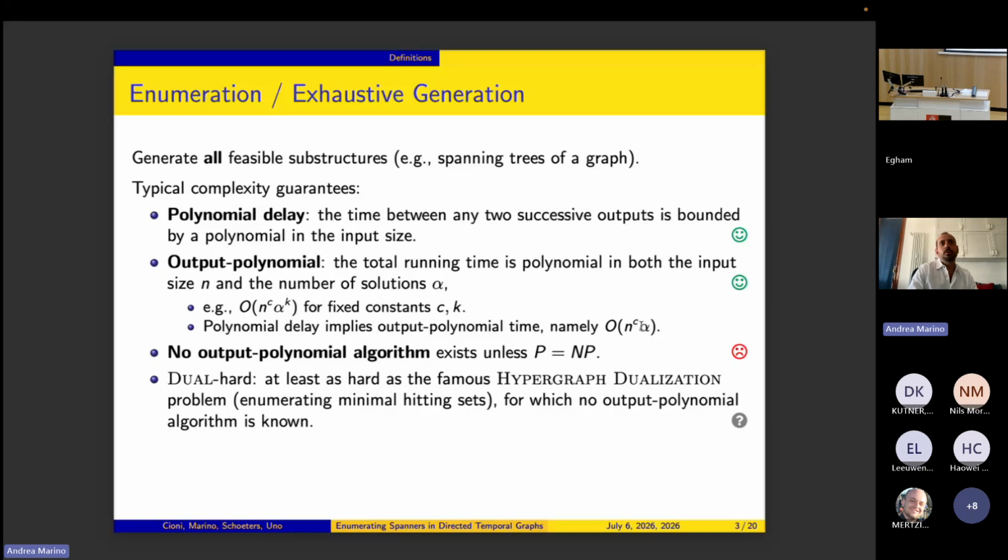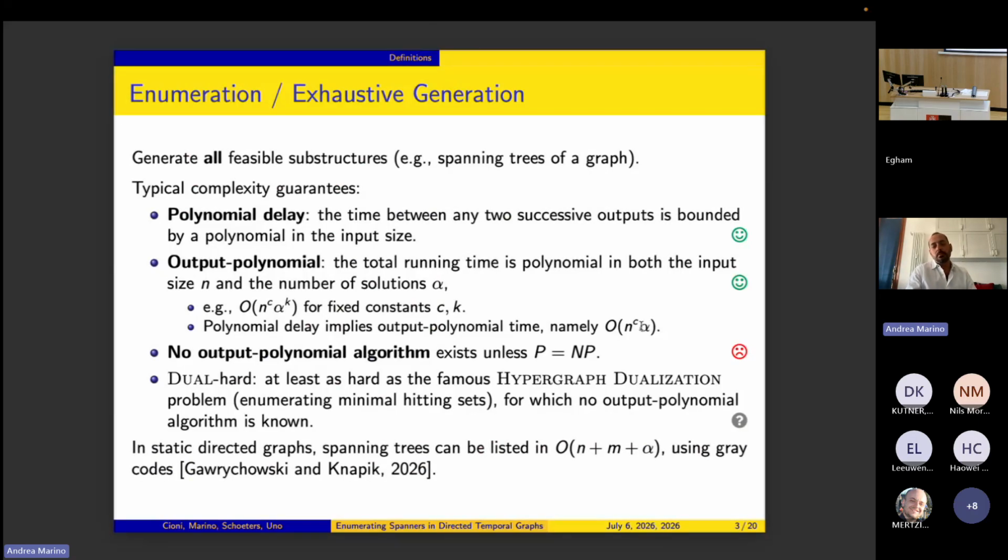You can think of it as enumerating minimal hitting sets: you have a given collection of sets with elements inside them, and you want to enumerate all the minimal sets that hit all the given sets. For this problem, no output polynomial algorithm is known, and we don't know whether it is possible or not, even under the assumption that P is different from NP. This is a big open problem in our enumeration community.